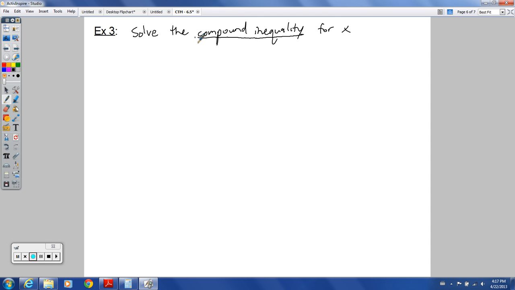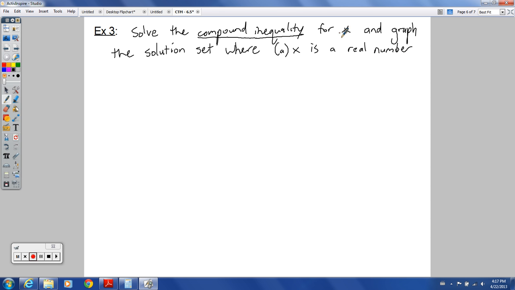So compound, just meaning more than one, or we're going to have more than one symbol, greater than, less than, etc. So 4x, and graph the solution set where part A, we're going to have x is a real number, and part B is going to be x is an integer.